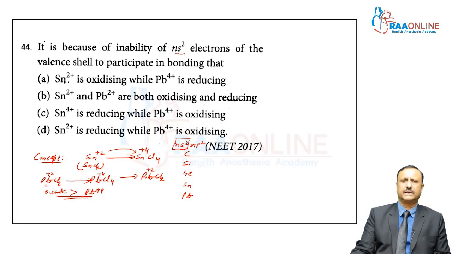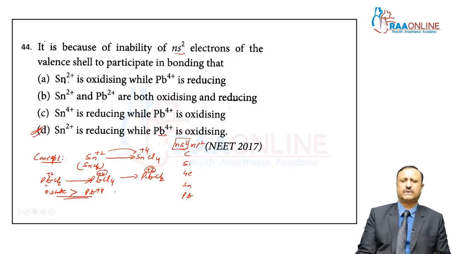So, my dear students, Pb+4 does not go in higher oxidation state; here bonding of Pb+4 goes to Pb+2. So, my dear students, here in question number 44, you can get the answer D.